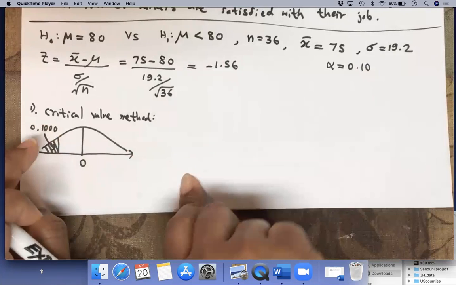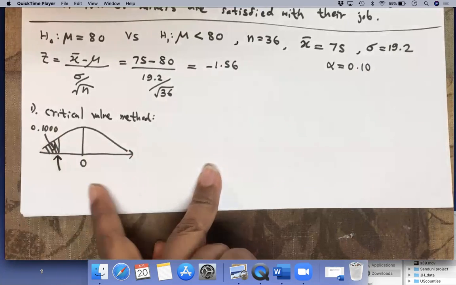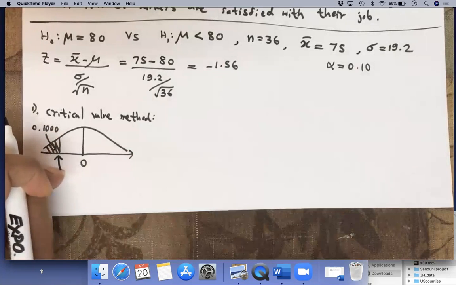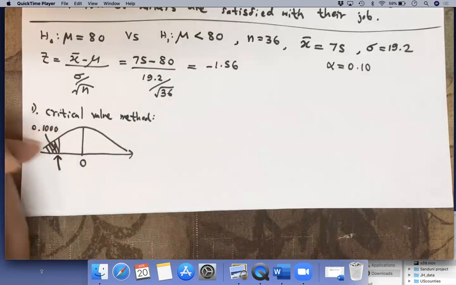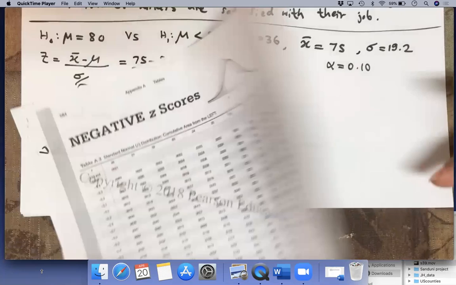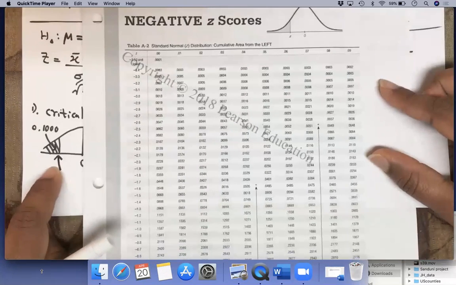Now, according to this area, find this value. This is my critical region or rejection region, so this is my critical value. So we need the negative z-score table, because it's about a negative z-score.